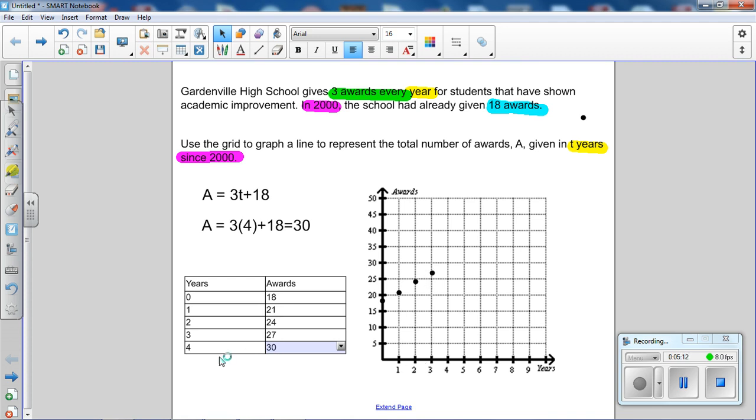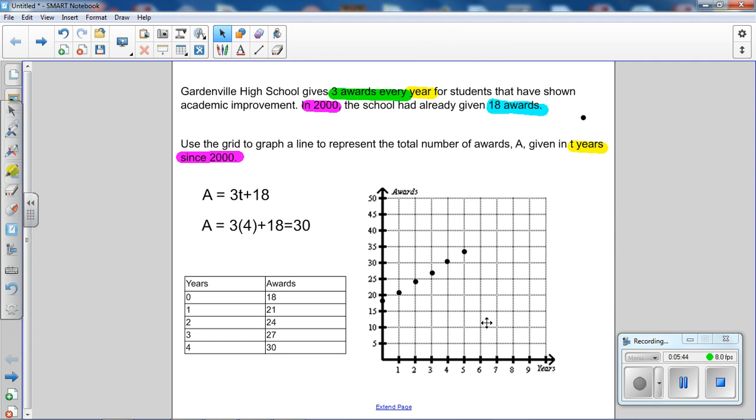But the one that we can really get a good one on is year 4 because it's directly on the line for 30 awards. So I can go here and take it to 30. Now I can complete this because in year 5 it'll be 15 plus 18, or 33. If this is 35, come down a little.